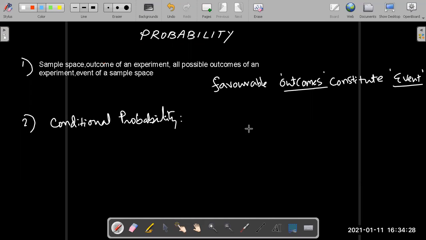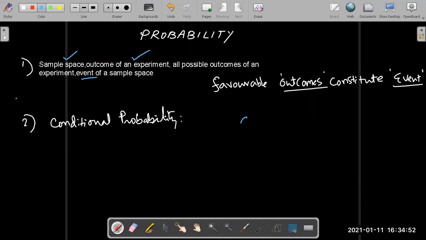Certain things you learned already in earlier classes. There's something called a sample space, then outcome of an experiment, all possible outcomes of an experiment, and then event of a sample space. First thing, what is a sample space and what is an experiment?